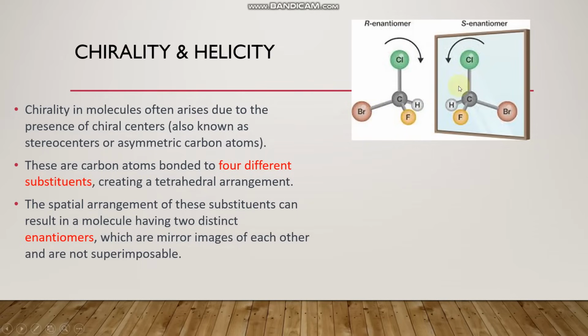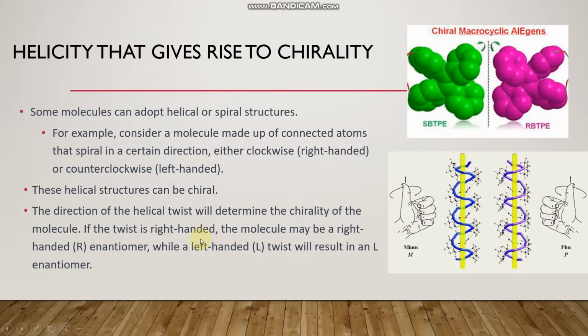So these are enantiomers. One enantiomer is called the R enantiomer, the other is called the S enantiomer. Why they are called R or S, we will discuss some other day. But here we can say that these two molecules are mirror images of each other, so they are enantiomers, and these mirror images are not superimposable.